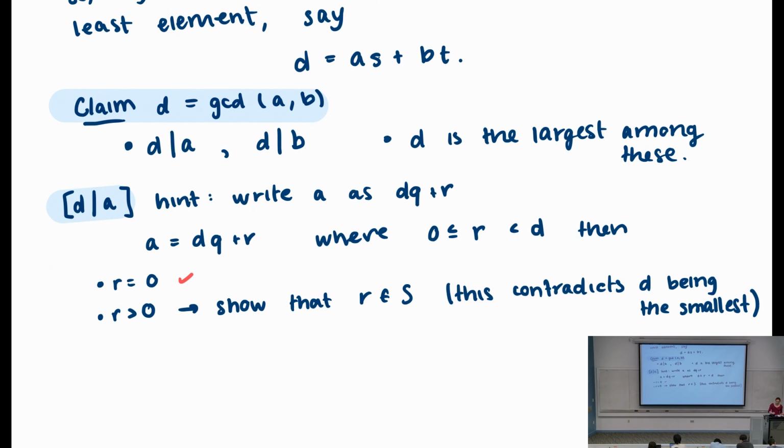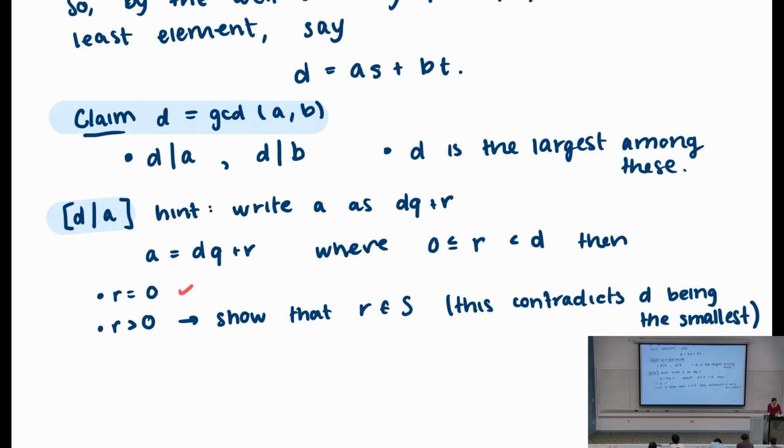So let's see how r is an element of S. Okay, so from this equation, we know that r is equal to a minus dq. And we also know that d is equal to as plus bt. So let's substitute that in. So r is equal to a minus asq minus btq.